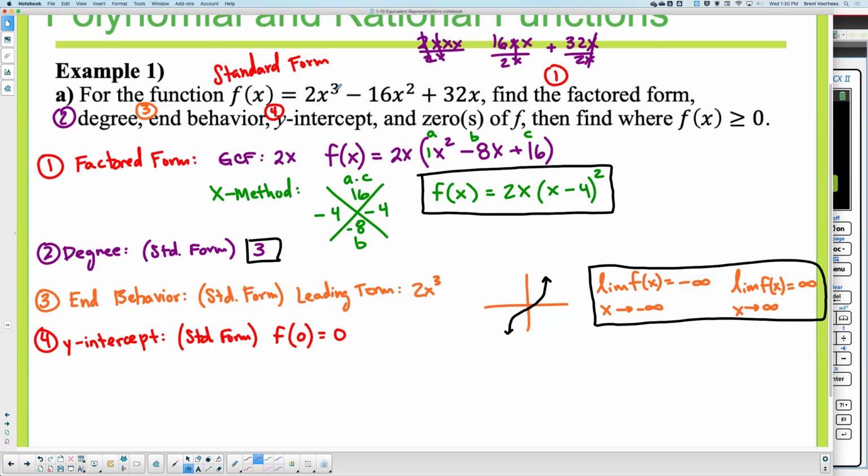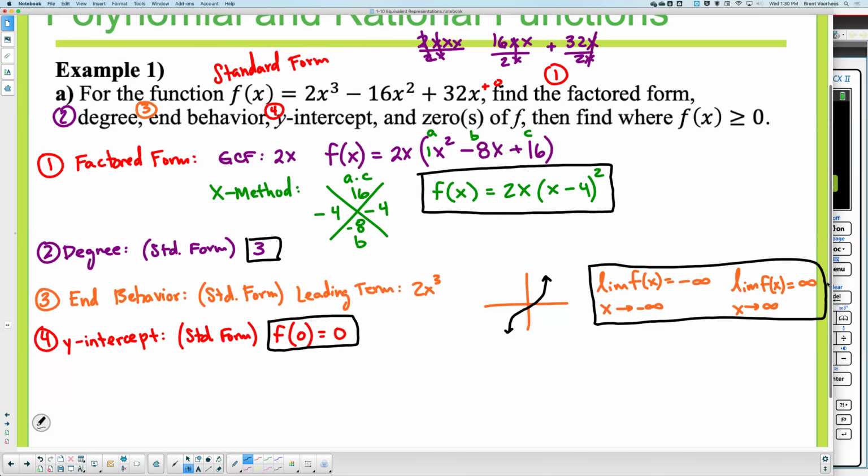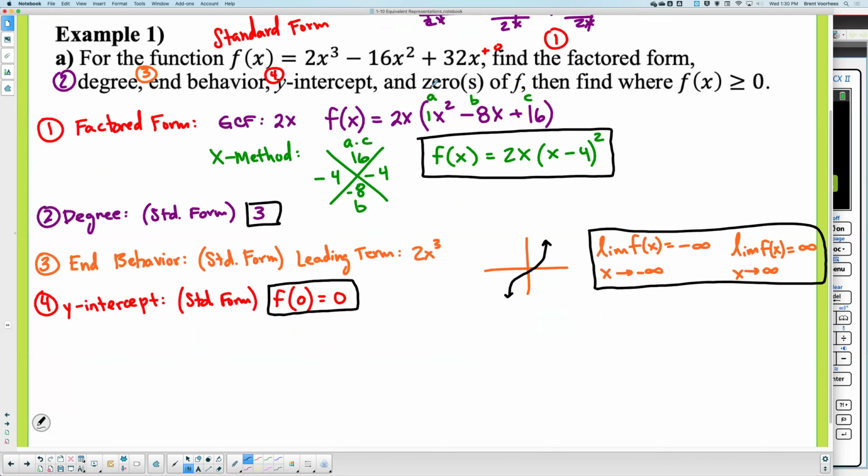Anything with an x cancels out, and so all you're looking for is the constant. Does this have a constant? No. So it's kind of like plus 0 right there at the end. That's why it's a 0. So my y-intercept will be the origin. That means when x is 0, y is 0. That's the origin.